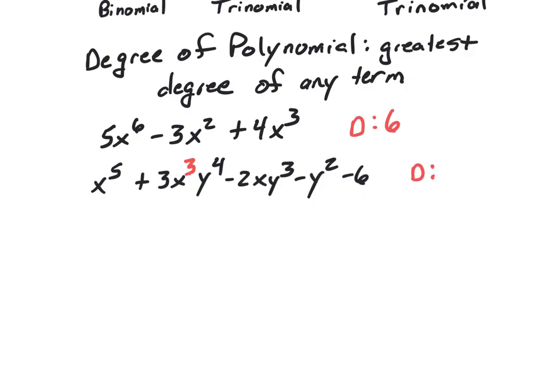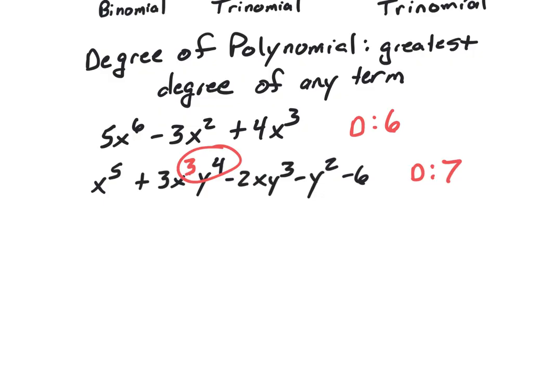So the one that's the highest is 7. So we would say that this one has a degree of 7 because we're going to add those 2 together and make 7. So which term has the highest degree? That's the degree of the polynomial. Okay. Questions on degree? So it just depends on if there's one term or multiple terms when I try to find the degree of it.